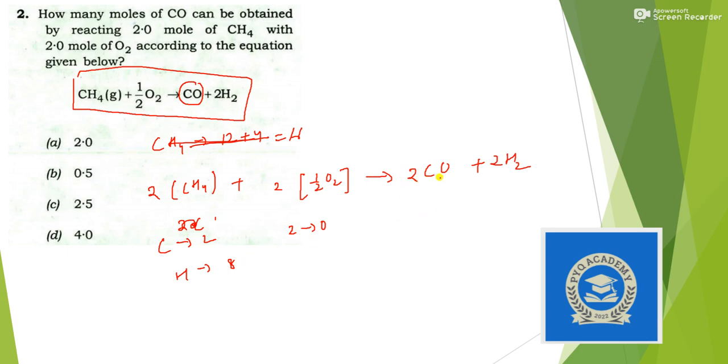By multiplying 2, on this side there will be 2C2O, and multiplying 4 to it, it will become 8H. The question was asking how many moles of CO are produced. So the answer is 2 moles, option A.